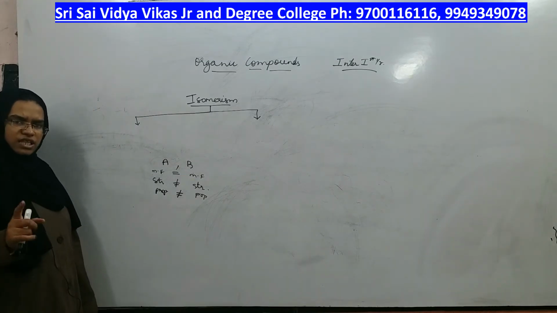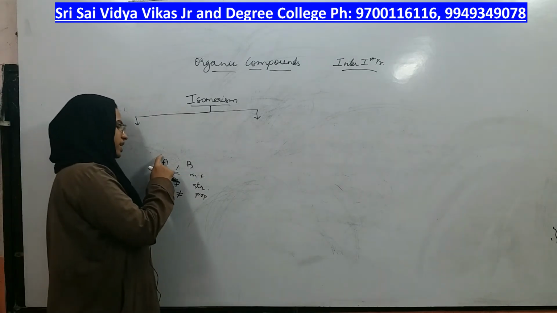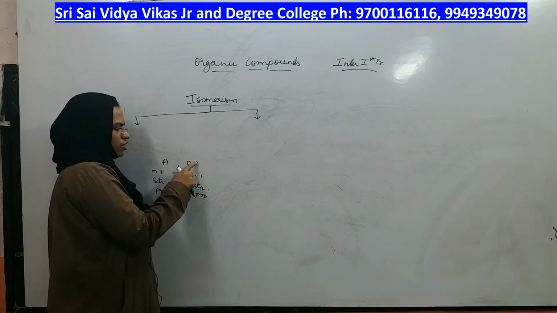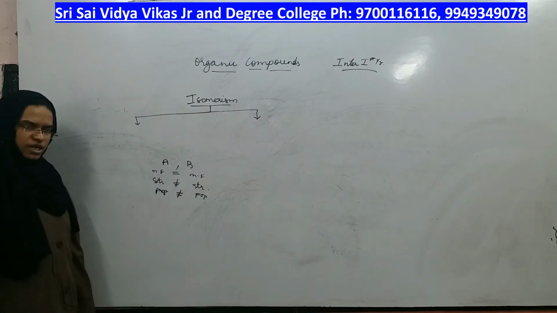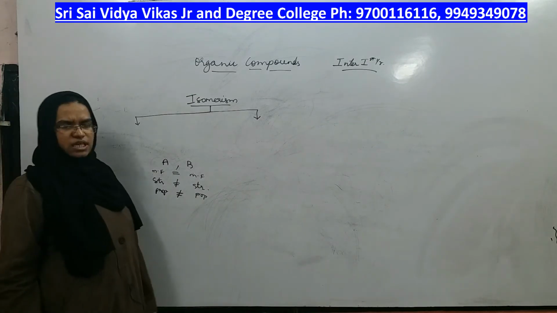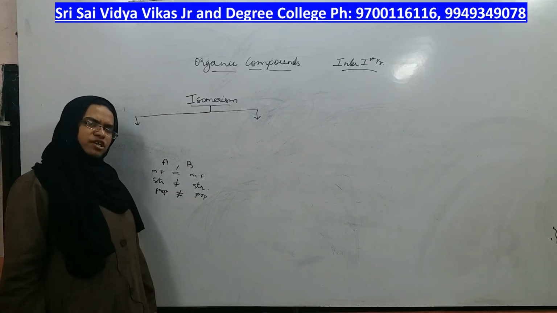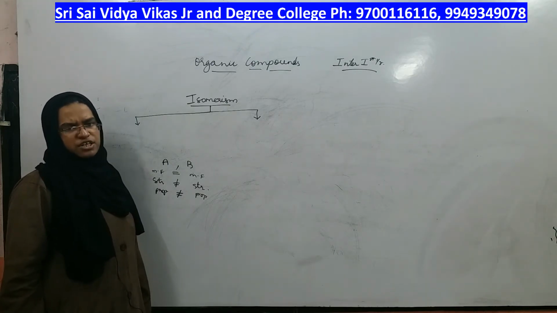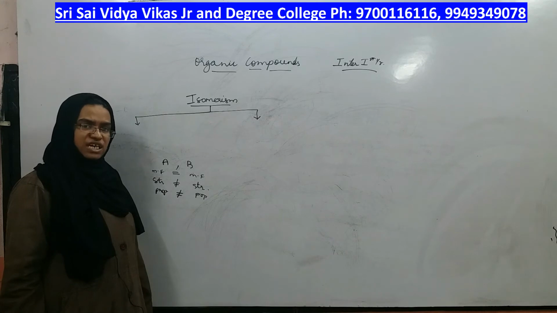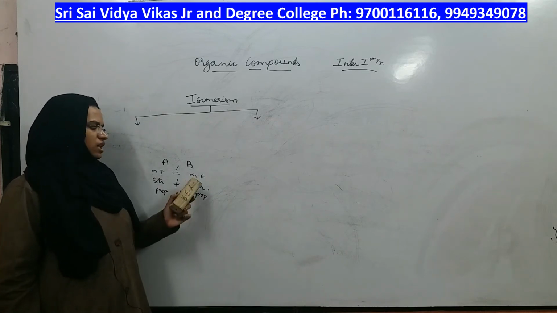Okay, when that happens, compound A is called an isomer of B and compound B is called an isomer of A, right? Because they have the same molecular formula but different structure, or same molecular formula but different properties with the same structure. So they are called isomers.